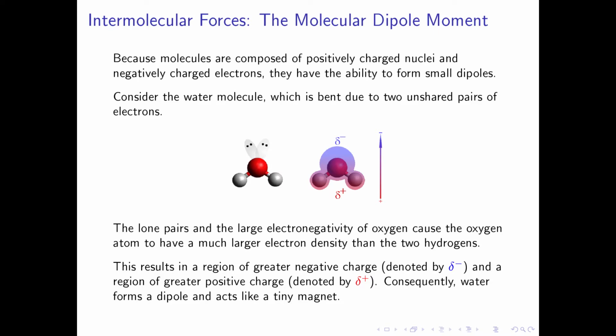This results in a region of greater negative charge, which we denote with the lowercase Greek letter delta with a superscript negative sign, and a region of greater positive charge, denoted as delta plus. Consequently, water forms a dipole and acts like a tiny magnet.